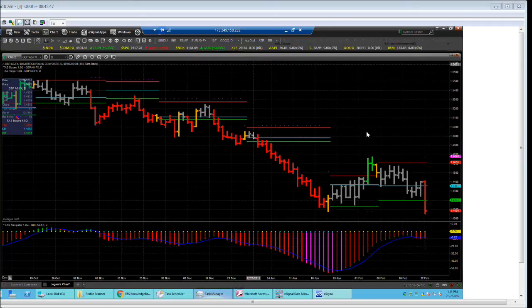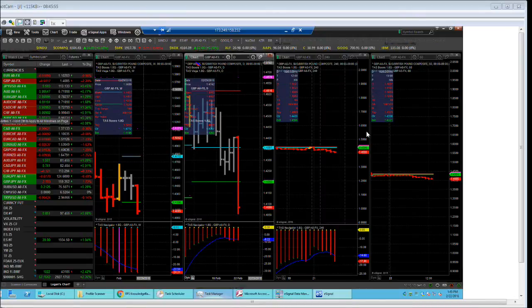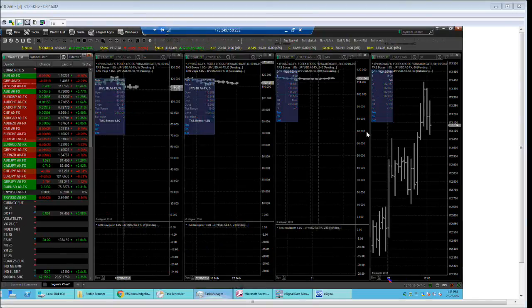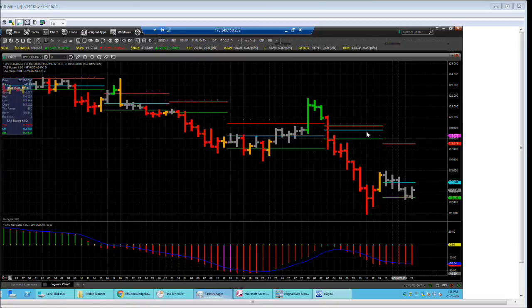On the yen, we've bounced off some very strong support at 112.43. If you look at the Nikkei, it has had a massive move down. We're actually back to last October 2014 lows.